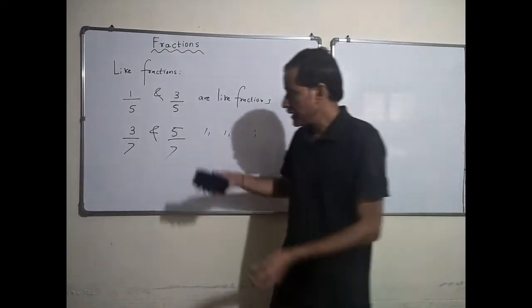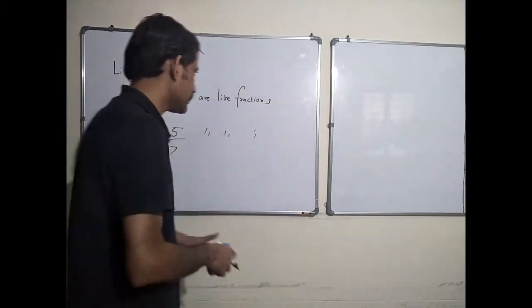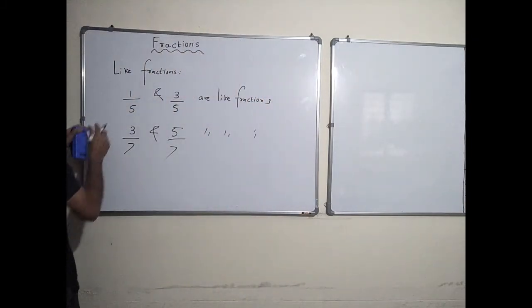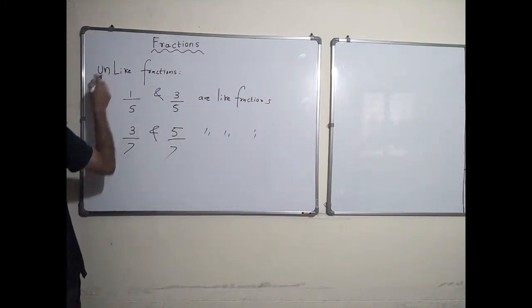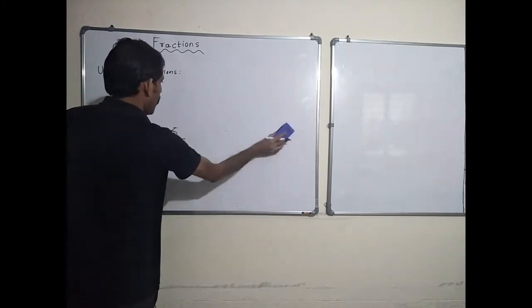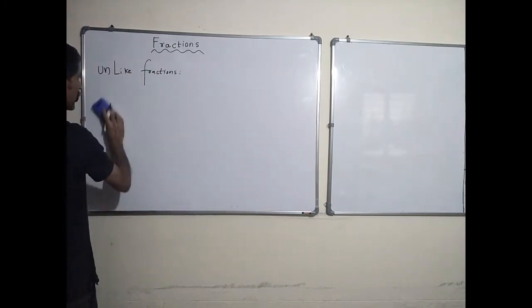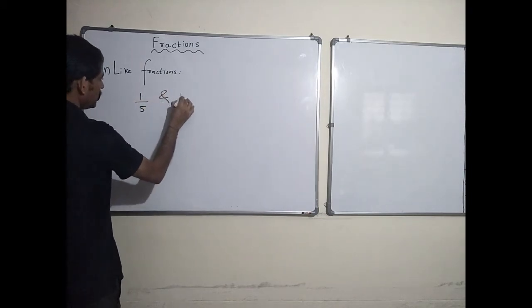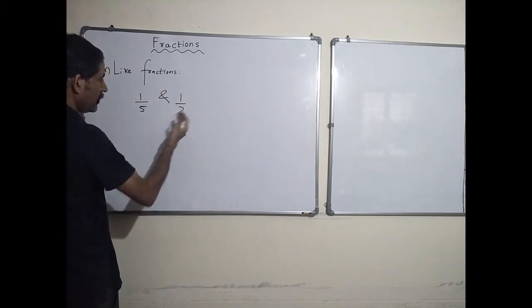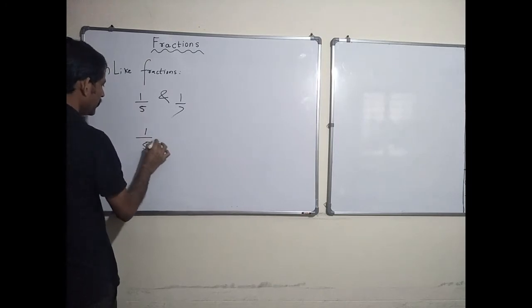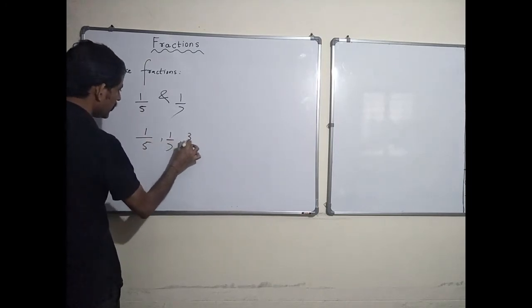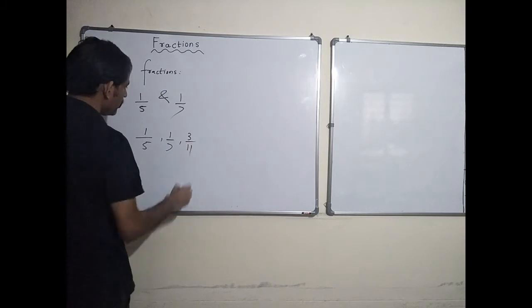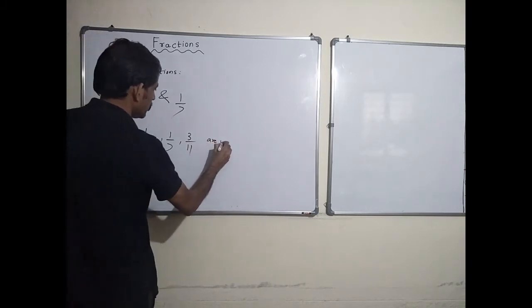If these are like fractions, what are unlike fractions? Unlike fractions are those fractions in which the denominator is not the same. So 1 by 5 and 1 by 7 are unlike fractions. 1 by 5, 1 by 7, 3 by 11 are unlike fractions.